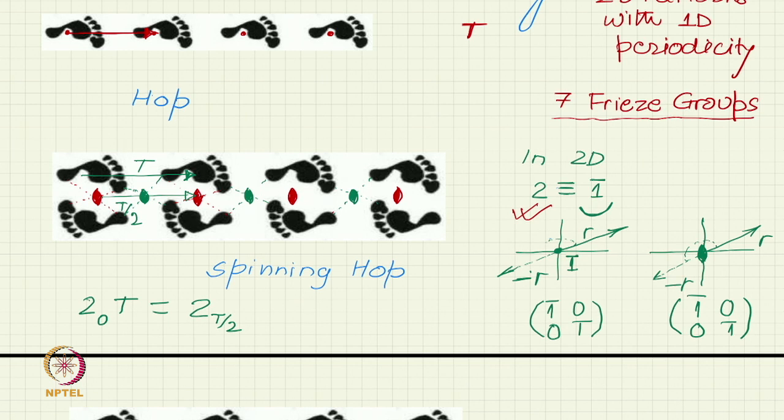Here you can see that the red one is between two vertically shifted footprints. They have footprints just above and below. The red one has footprints above and below. The green one does not have footprints above and below. It is shifted to the left and right. So, in the pattern they are also playing different roles.